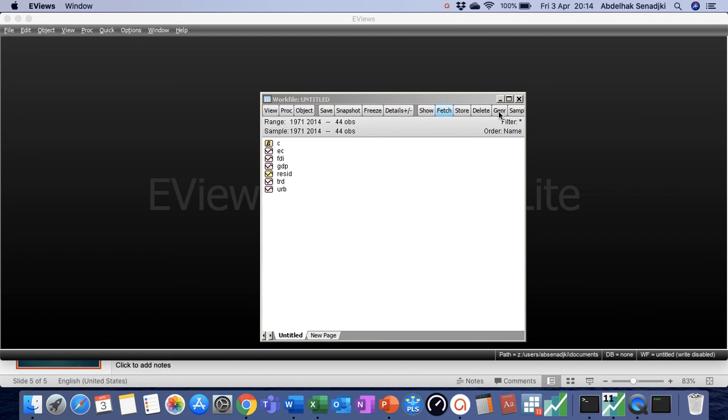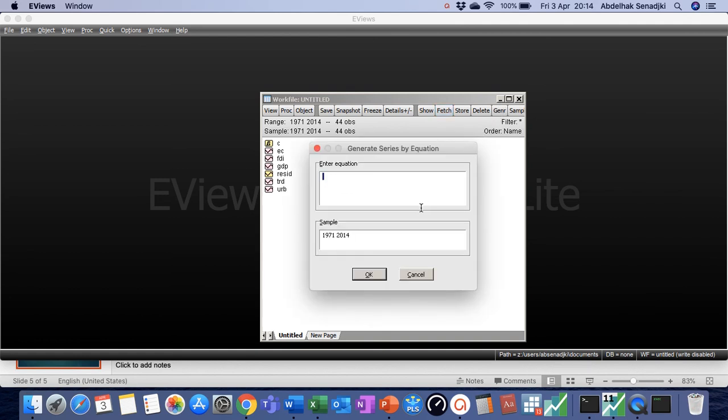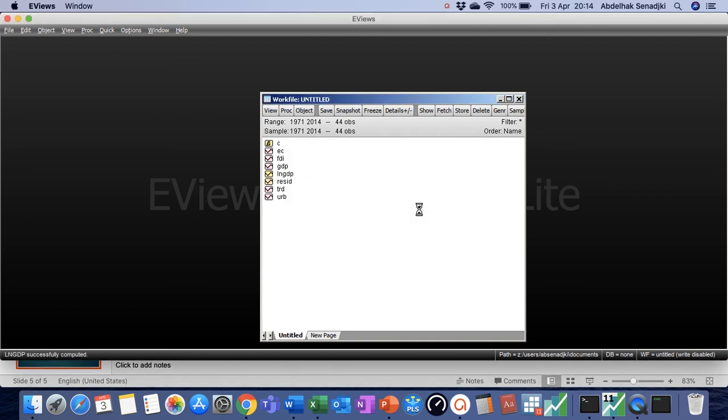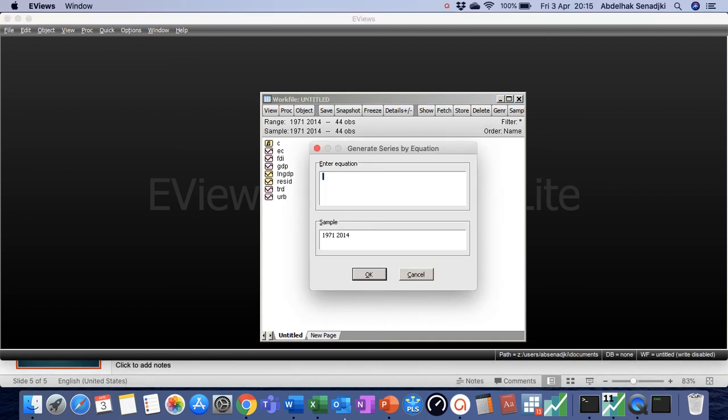So I come here, generate lnGDP equals log GDP. Then another one, generate lnurban equals log urban.